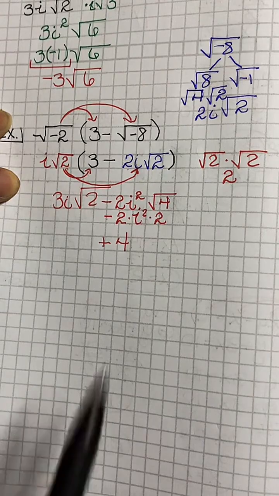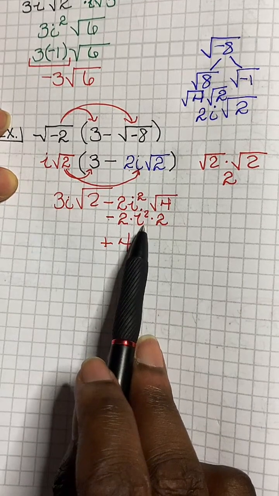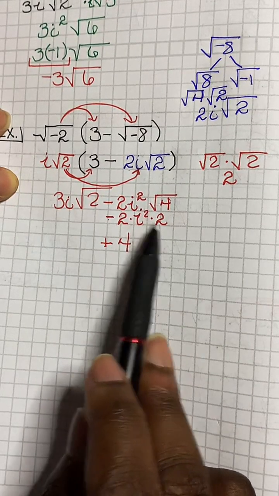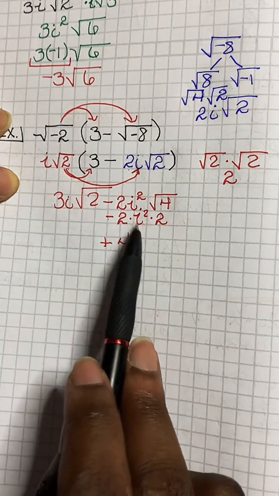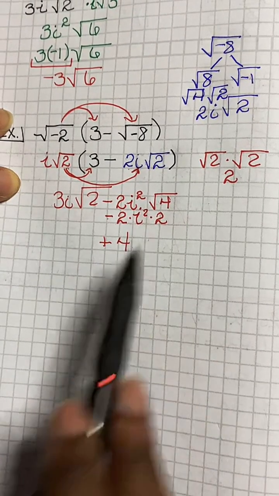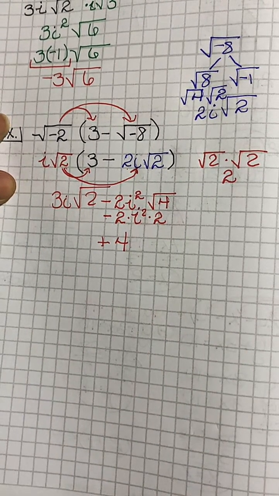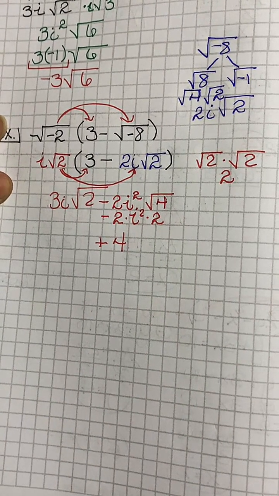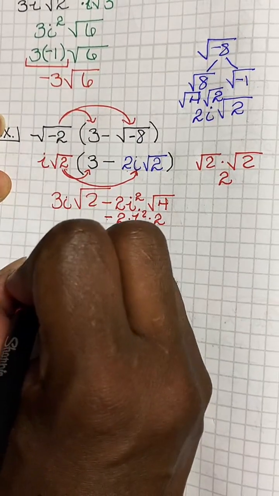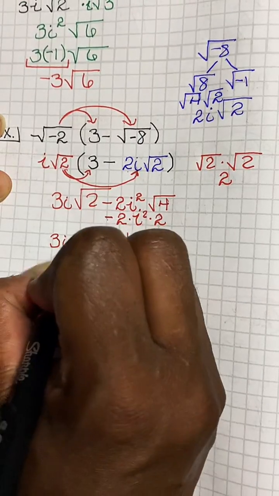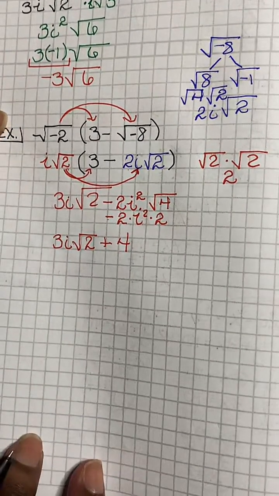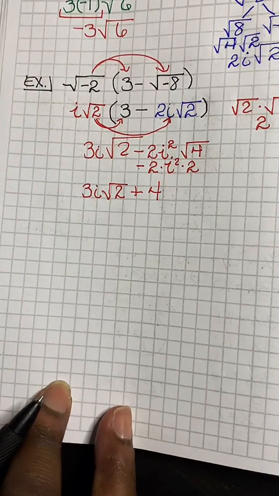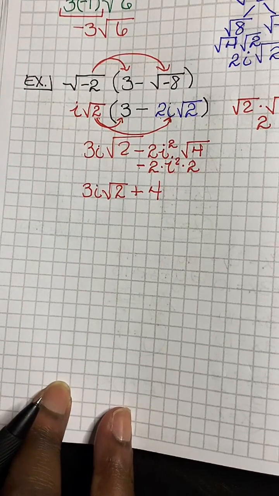Okay, so that i squared is equivalent to -1. So you have 2 times 2, which gives me 4, and now I'll make it a -4. But with this -1, it'll make it a positive. And then we're going to bring down the rest. So 3i square root of 2. That's my answer.